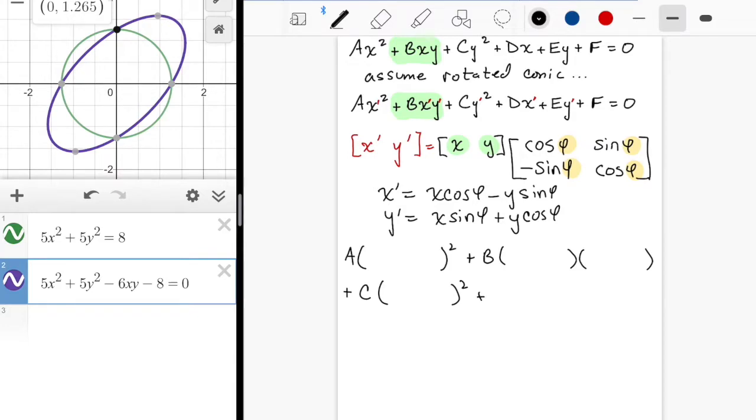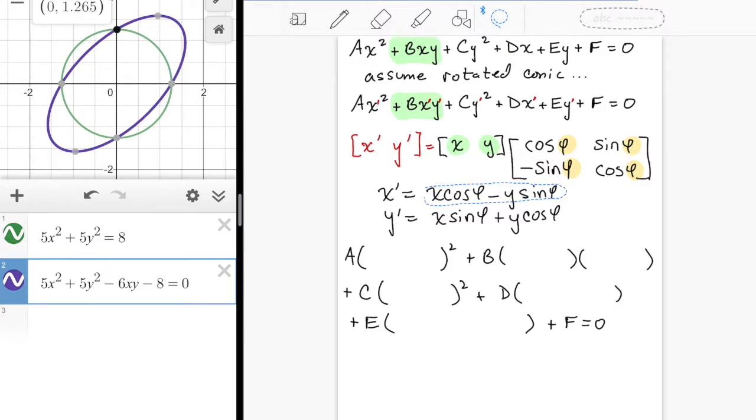C y prime squared, plus D, plus E. And then finally, unfortunately, we can just tack on a plus F equals 0.